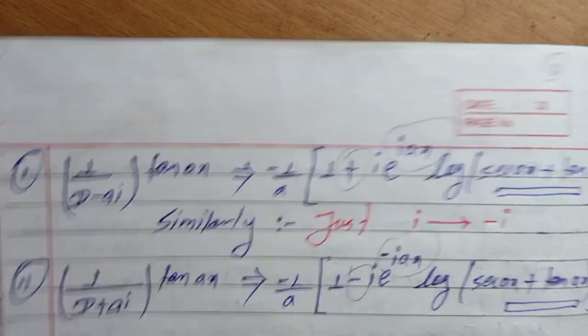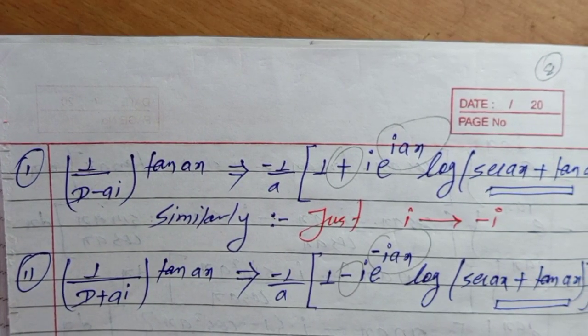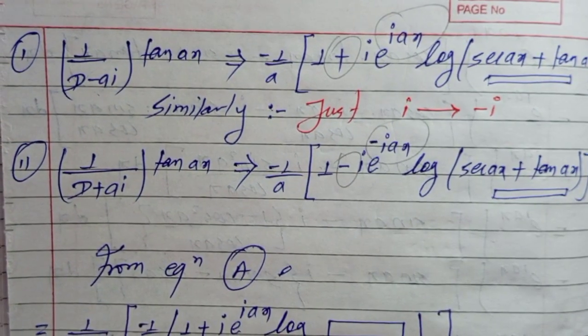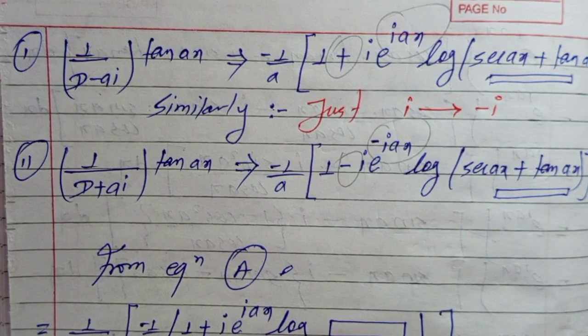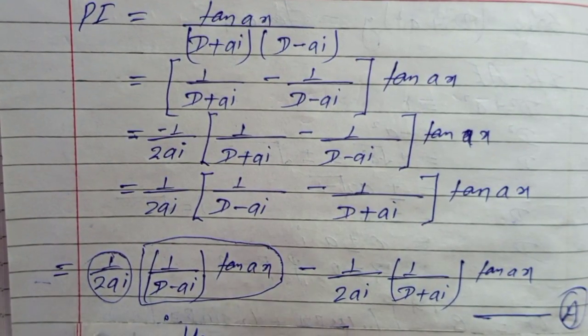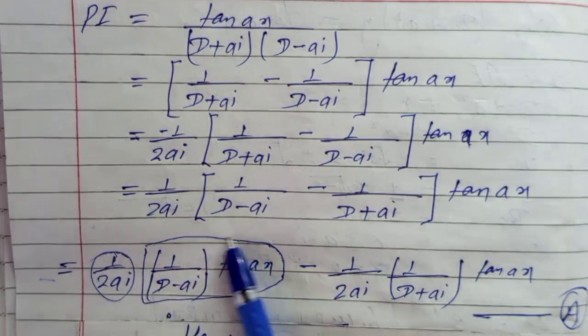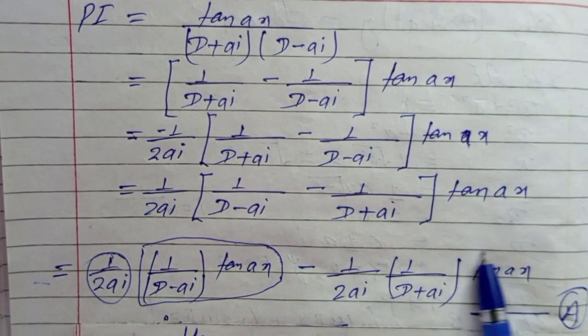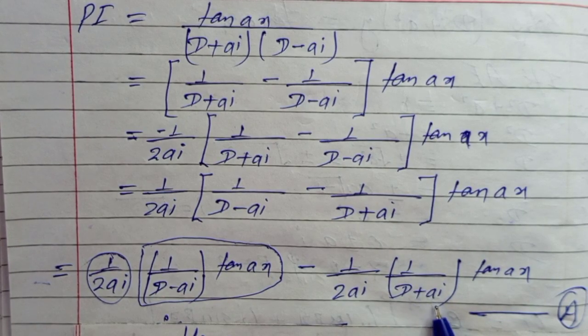After this calculation, we are going to substitute this value in our equation A. So from our equation A, what was our equation A? This was 1 by 2ai, and this value we just calculated, minus 1 by 2ai, and this value we just calculated by replacing i with minus i.